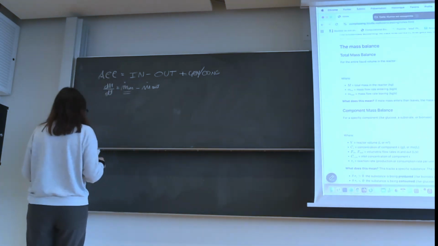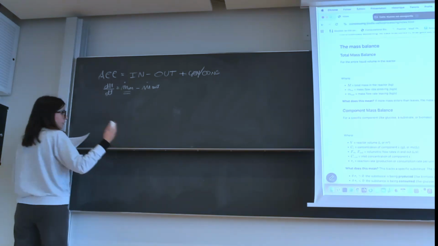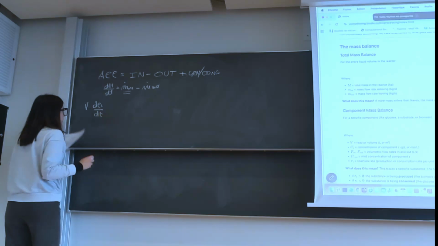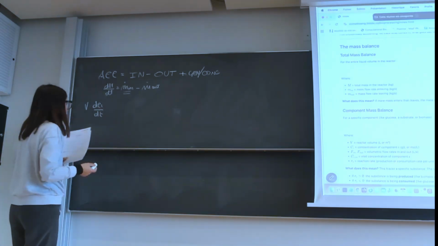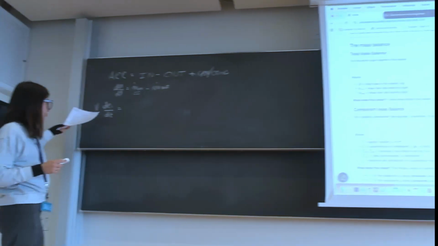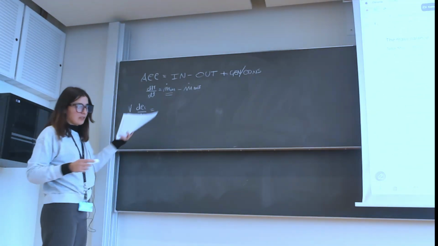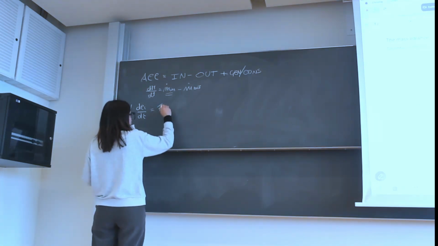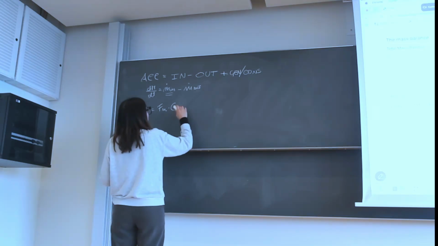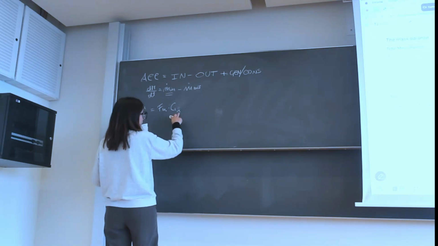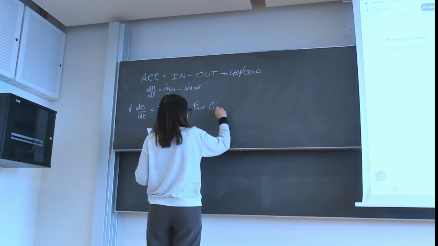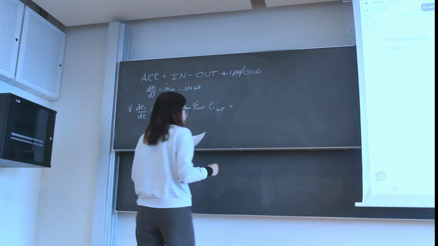So for the component mass balance, the volume times the concentration of the single species inside the bioreactor, per unit of time, where the concentration can be expressed in terms of moles or grams, is equal to the flow in input times the concentration of the component in input, minus the flow in output times the concentration of the species in output, plus the reaction term.